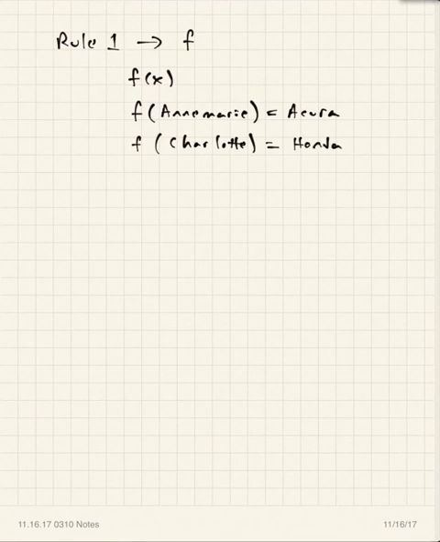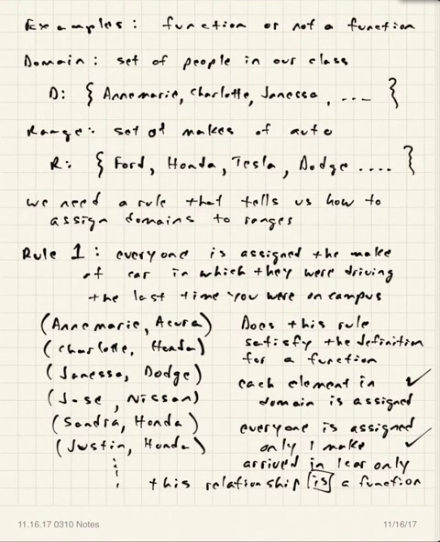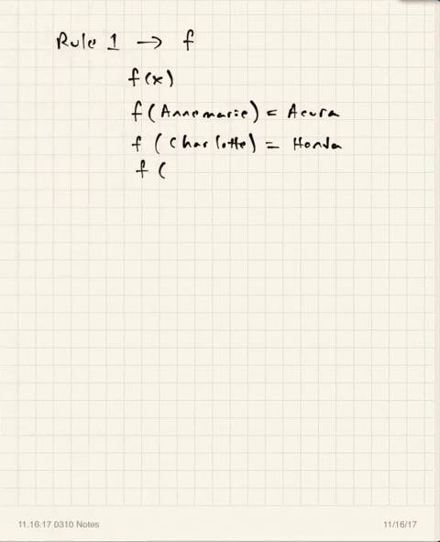And let's see, who else was Honda? Sandra was Honda. So f of Sandra is also Honda right there. So notice you can get the same answer. As long as you get just one answer, then it does satisfy the definition for a function. So that letter f, when we're talking about a function, is the name for the function. And then what goes inside the parentheses when you're writing this function notation? The domain value.